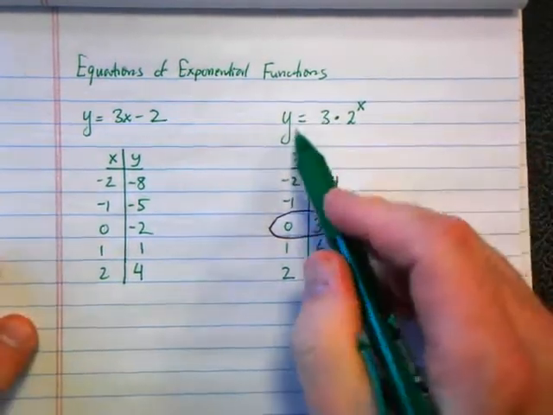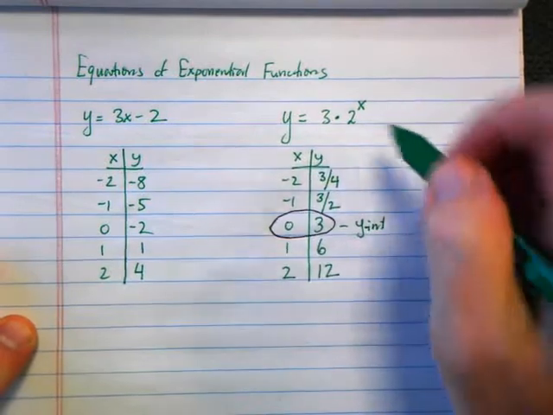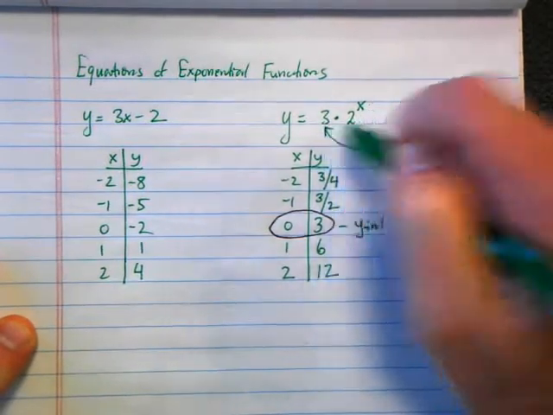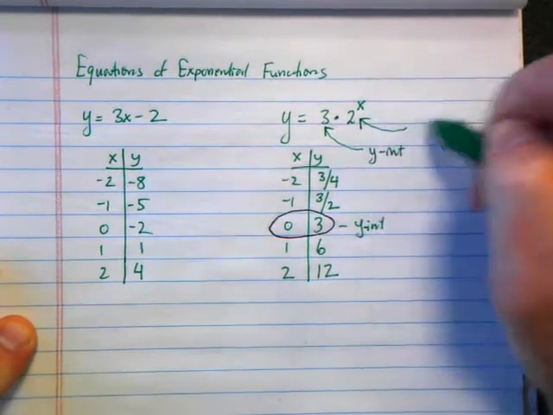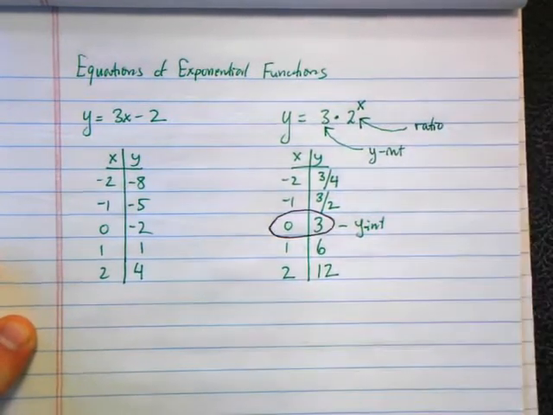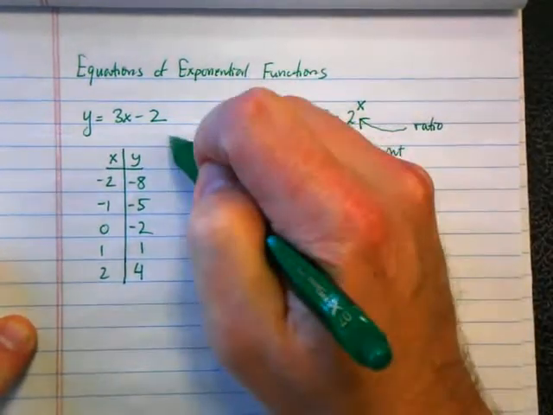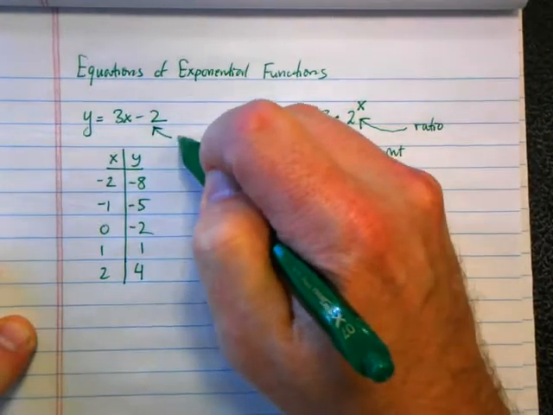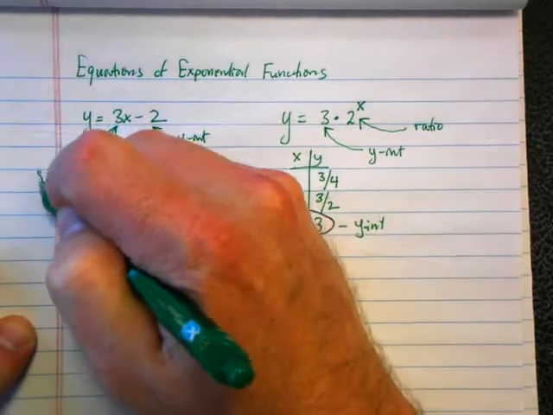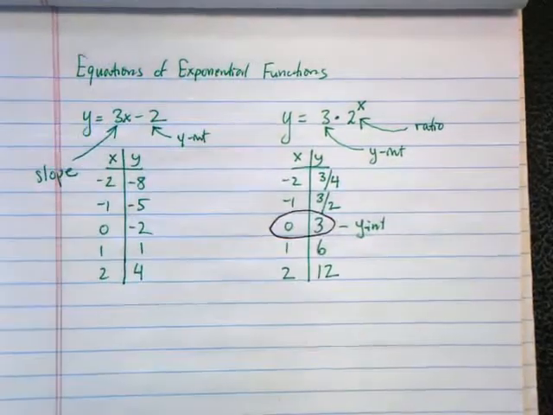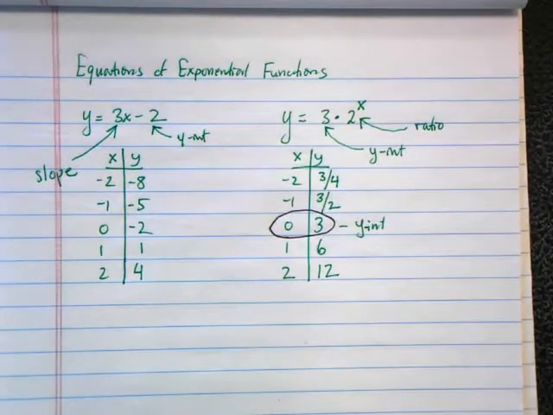So in this equation, y equals 3 times 2 to the x, the 3 gives the y-intercept, and the 2 gives the ratio. Similar to here, in this one, this -2 gave the y-intercept, and the 3 gave the slope. The numbers in the equation are something very, very important.